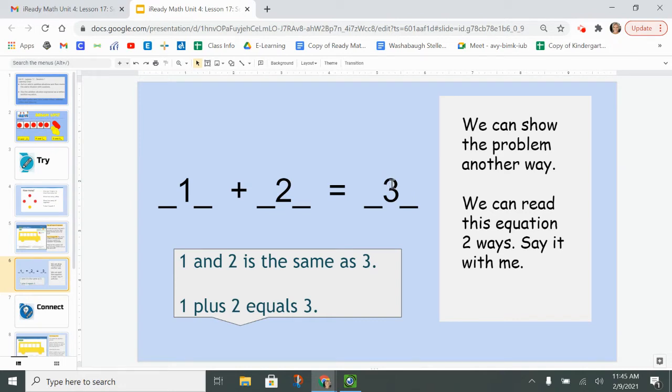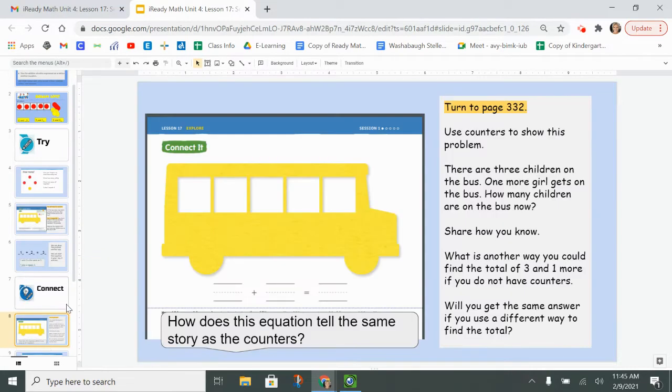Do that with me one more time. 1 and 2 is the same as 3. 1 plus 2 equals 3. Remember that equal sign means that it's the same on both sides. Okay?